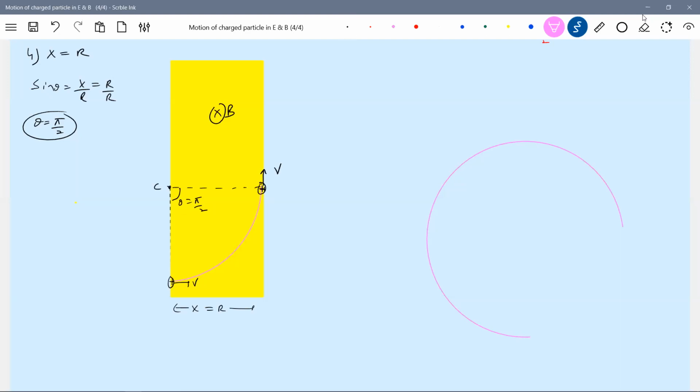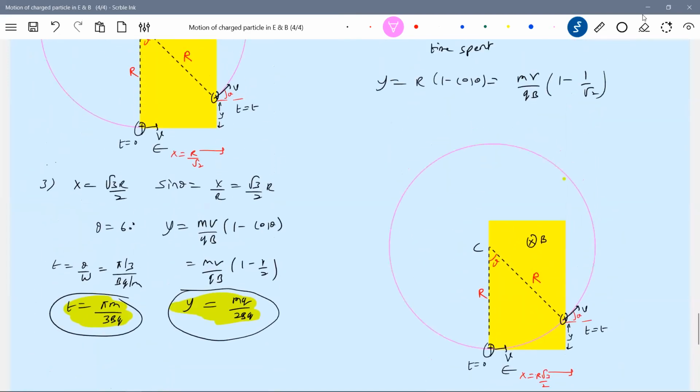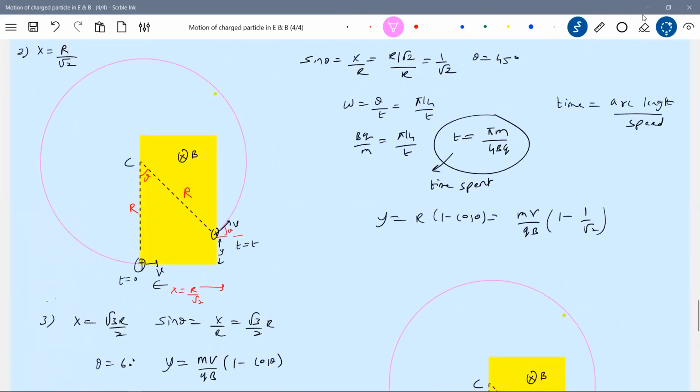If you want, bring that dotted line to show that it's a part of a circle. Some have a wrong perception that the particle will move in a circular path afterwards. The particle will not move like that afterwards; it's going to move in a straight line path.